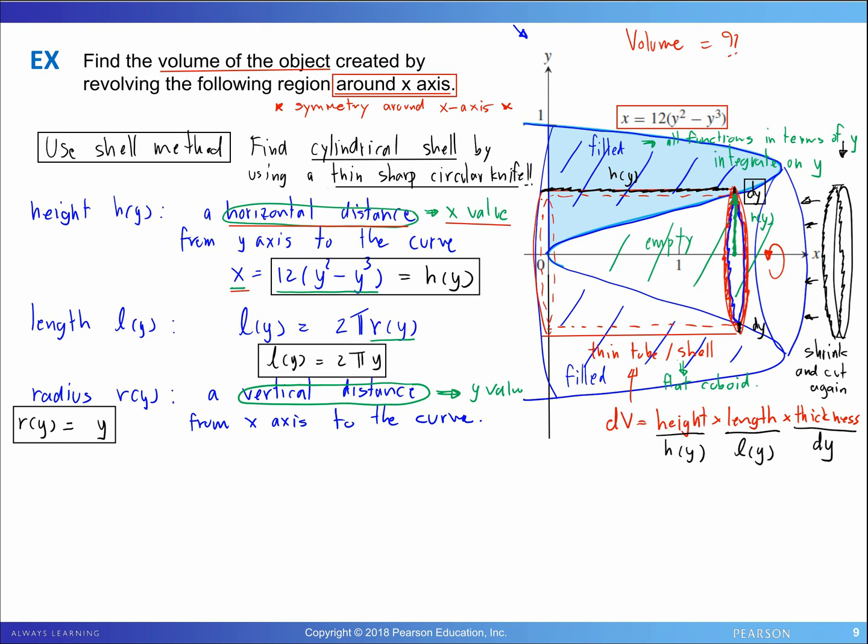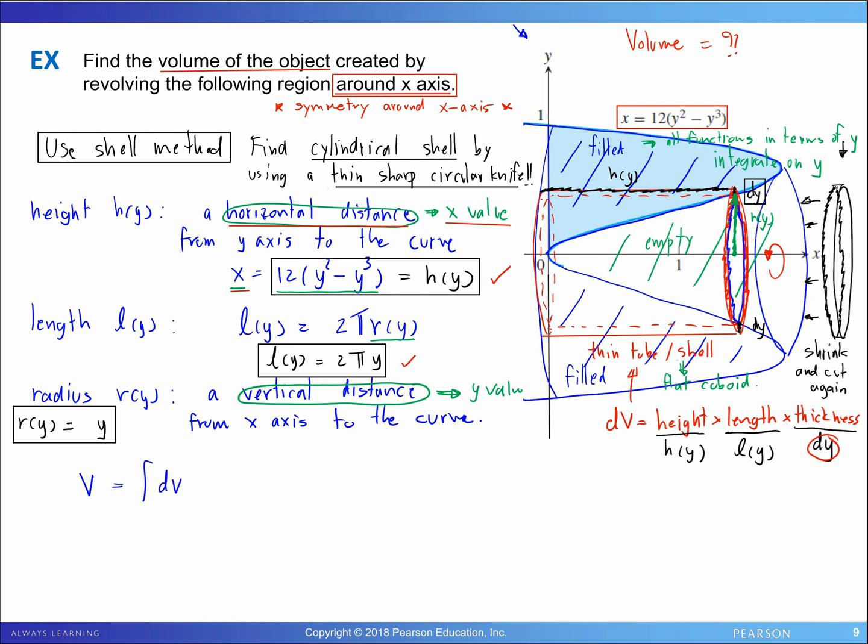And now we have all the terms for dV, differential volume. First one, thickness, dy. Second one, height, h of y is equal to 12 times y squared minus y cubed. Length equal to 2 pi y. So we can put everything together that we have so far to find the total volume of this object, big V. It's going to be equal to the integral of dV, differential volume.